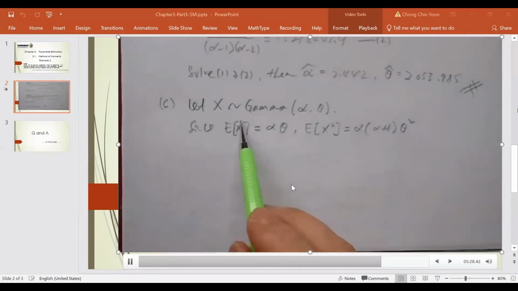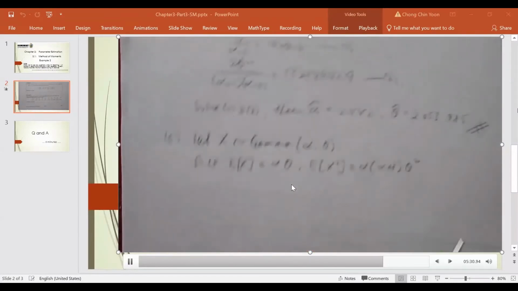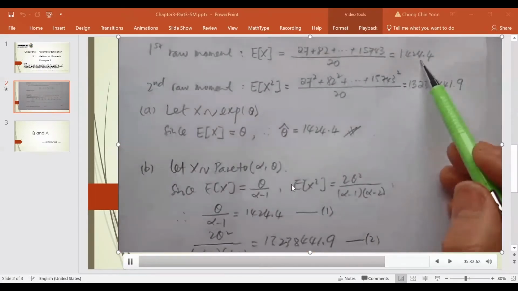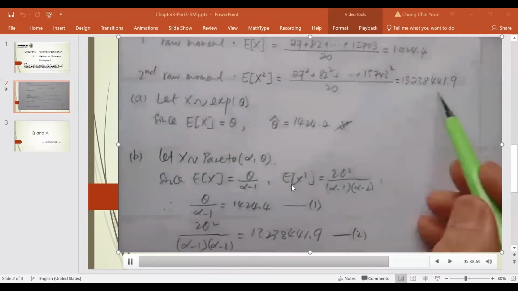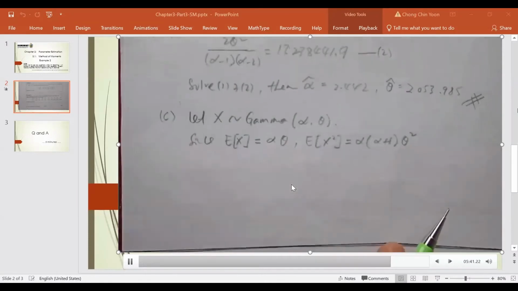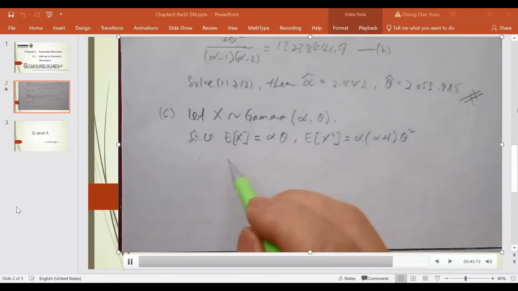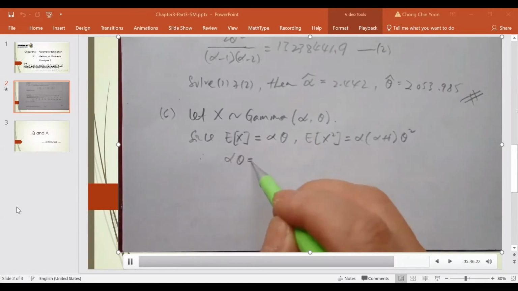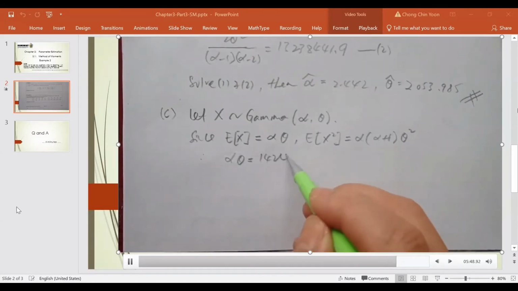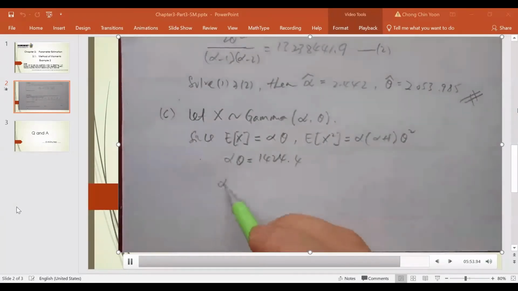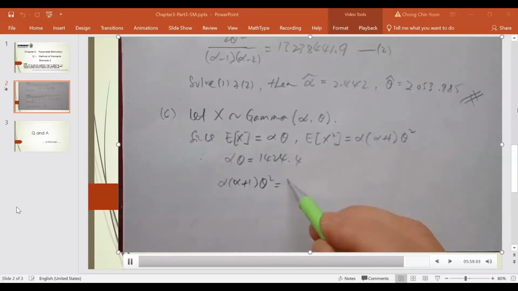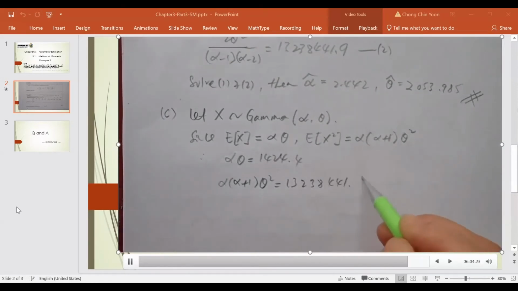So again, this result is equal to 1424.4, and this result for the second raw moment will be equal to this. And so we will have alpha theta equal to 1424.4, and this result from the second raw moment, that is alpha times alpha plus 1 times theta square, will be equal to 13238441.9.